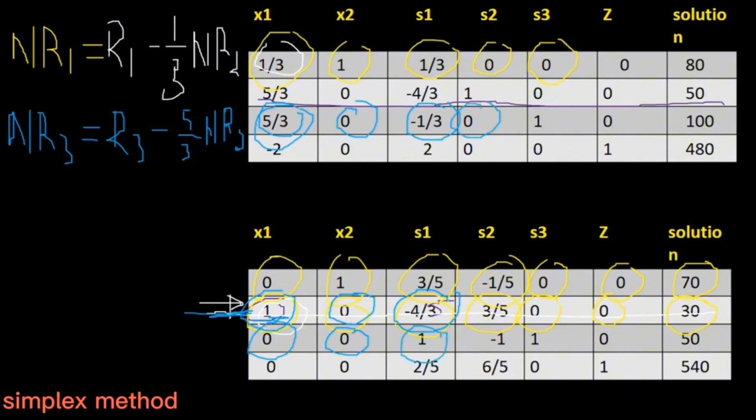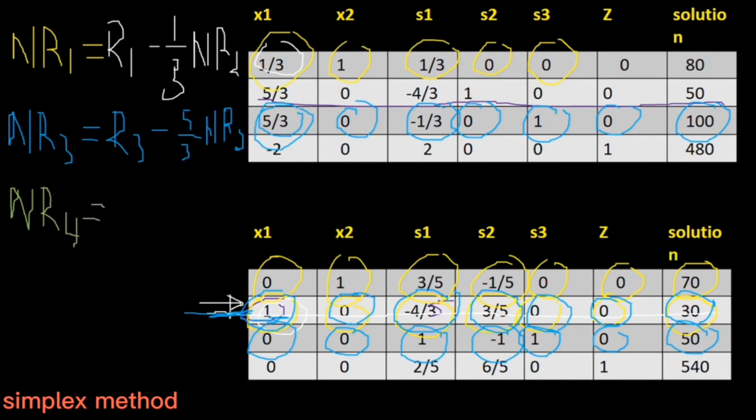You are going to compute by yourself because we already did that in the back end. 0 minus negative 5/3 of negative 3/5, we are going to have negative 1. 1 minus negative 5/3 of 0, we are going to stay with 1. 0 minus 5/3 of 0, we are going to have 0. 100 minus 5/3 of 30, we are going to have 50. That's our answer. Let's then solve for the last row, that is new row 4.